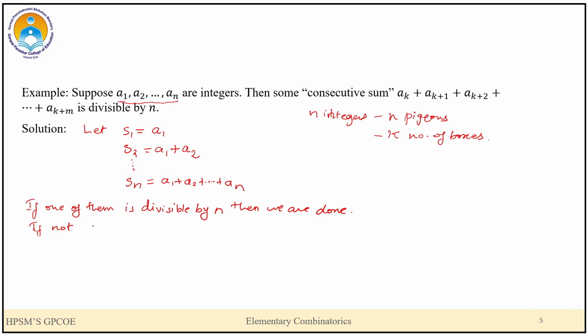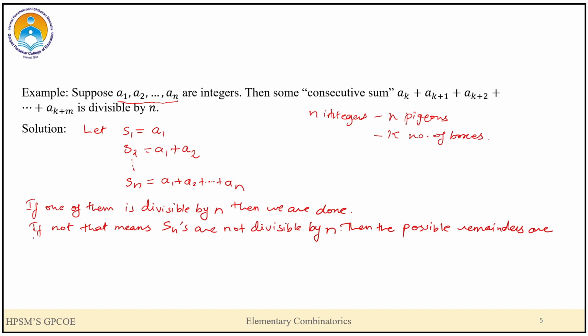So if not, that means the Sn's are first of all not divisible by n. Then the possible remainders are 1, 2 up to n minus 1.